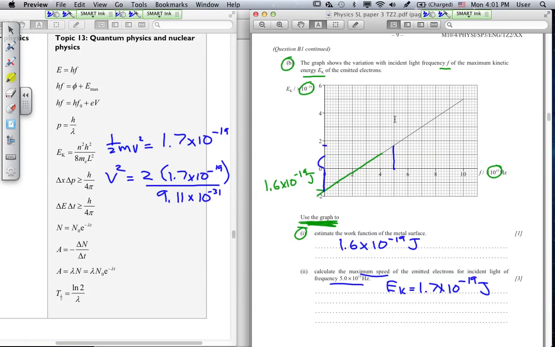And we can find the square root of that to get what the v is. So I'm going to put that into our calculators, and when you do, you should get v equal to about 6.1 times 10 to the 5 meters per second. That's the value that should come out when you put that into your calculator.